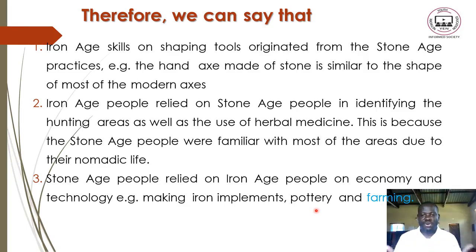On the economy, they introduced trade and the technology of making iron implements, while the Stone Age people were making stone implements. Also pottery and farming. In that way, the Stone Age people, when they lived together with the Iron Age people, learned from each other.